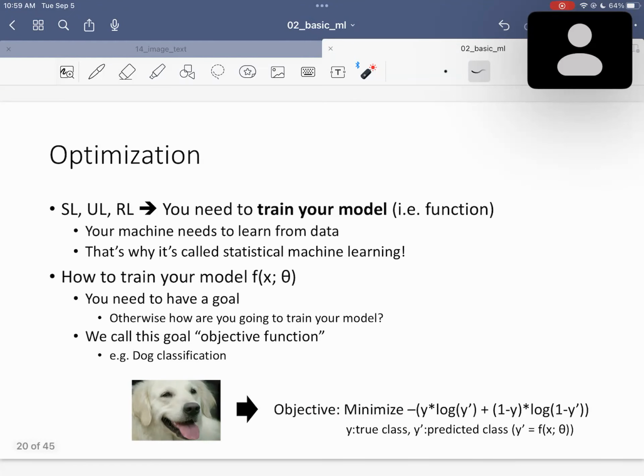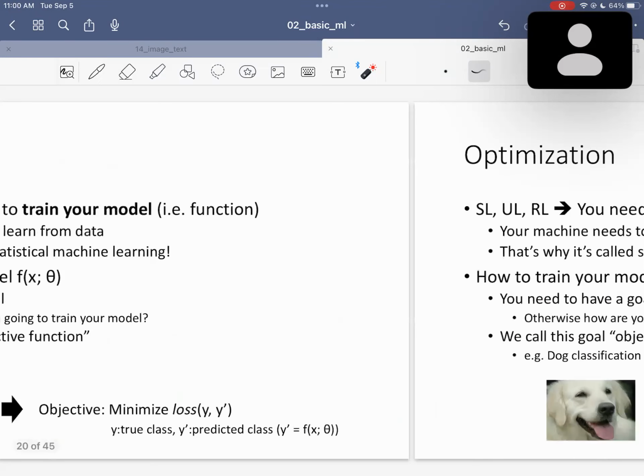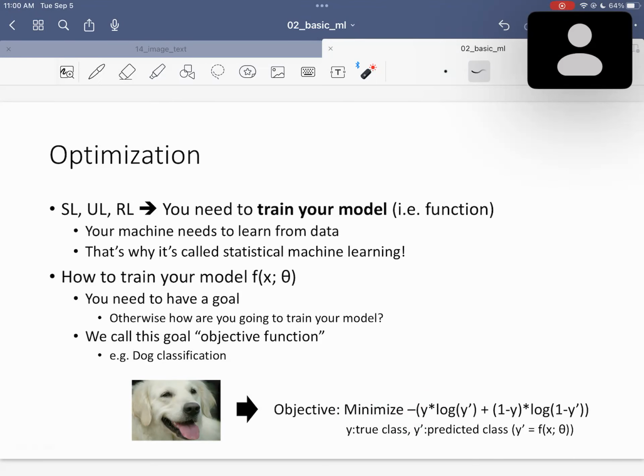Right. So in binary classification, the loss that we typically use, so loss is an abstract term. It could be anything, right? It could be cross entropy, it could be mean squared error, it could be mean absolute error. There are a lot of different loss functions. But in binary classification, we typically use cross entropy. Okay.